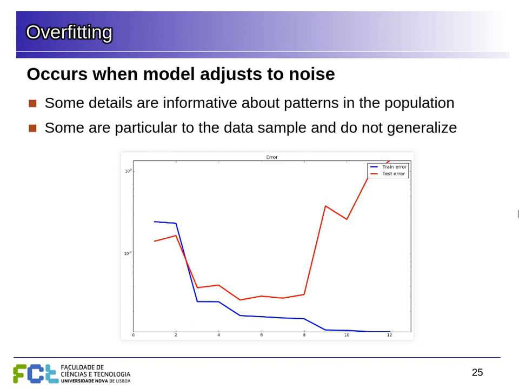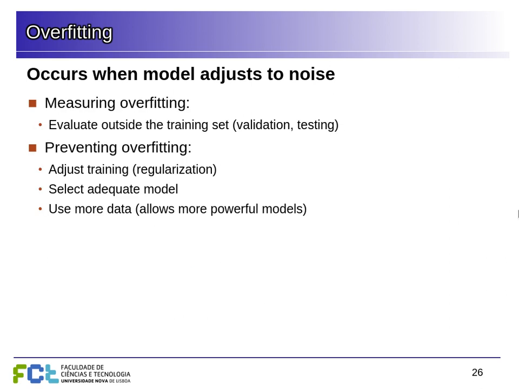This is as we increase the power of the model, for example, the number of dimensions we explode our data into. But at some point, the performance outside the training set starts to degrade and our error starts increasing because we are adjusting too much to irrelevant details that don't generalize. This can happen with deep learning, this can happen with any classifier, but there are some ways of preventing overfitting, like adjusting training, checking the model, selecting the best model, and so on. But one way of reducing the problem of overfitting is having more data.